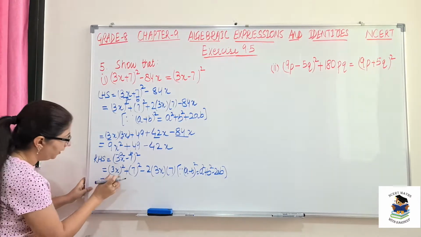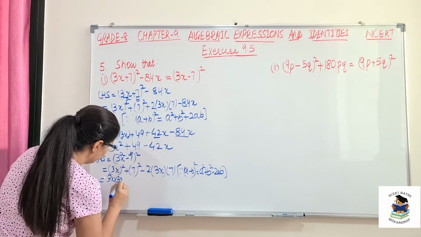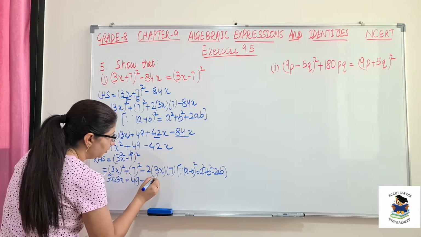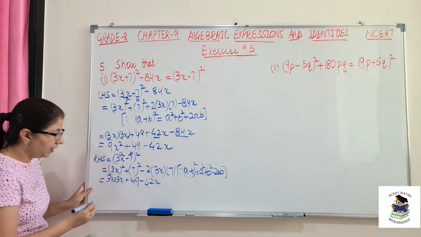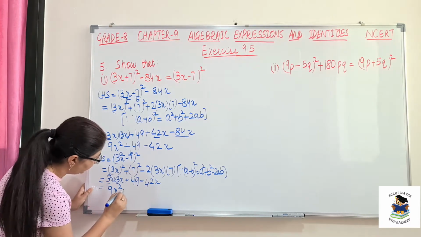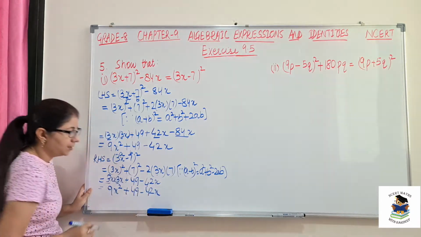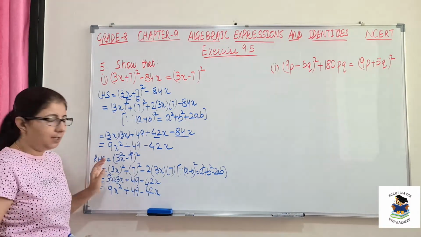Okay, so now here again 3x into 3x plus 7 into 7, 49. 2 3s are 6, 6 7s are 42x. Okay, so 3 into 3 as 9x square plus 49 minus 42x. Now we can check whether these two answers are the same or not.